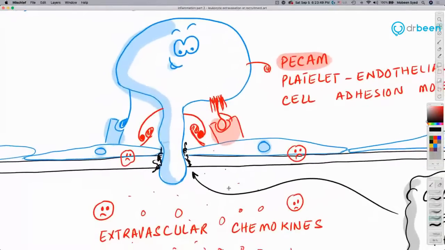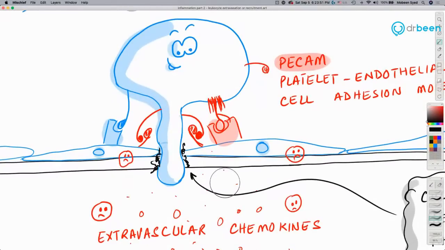Collagenases are enzymes that break the collagen, and that is what causes this basement membrane to break down. Eventually, the cell is going to open up a door here, break this wall, and leak out. This process is called emigration, or transmigration, or extravasation, or finally leukocyte recruitment.